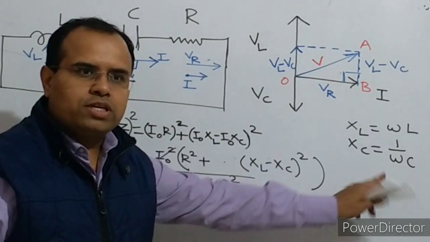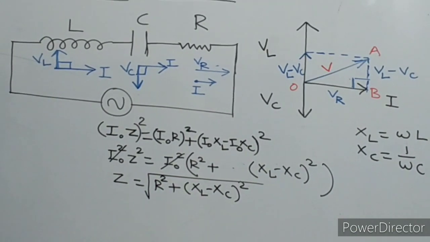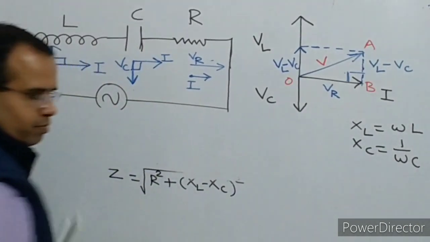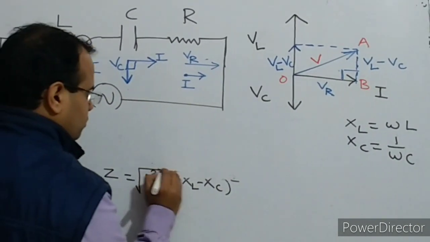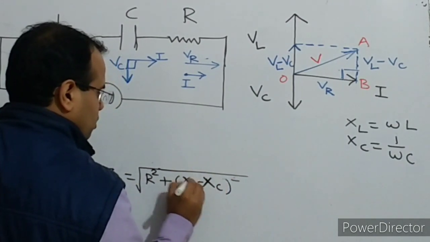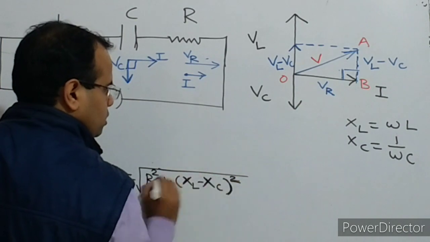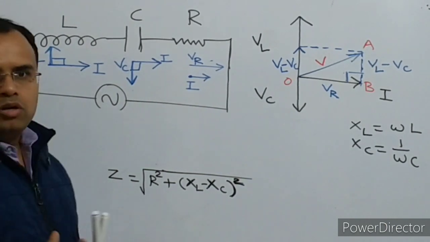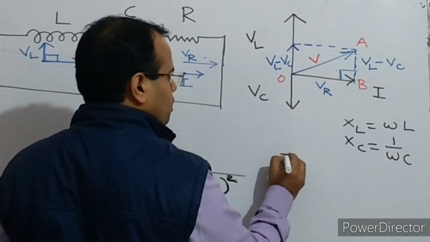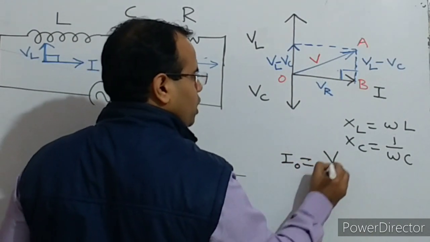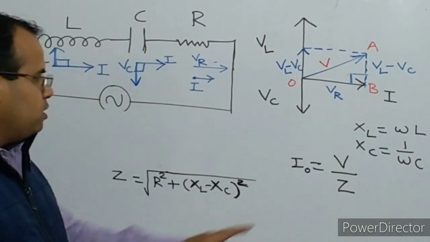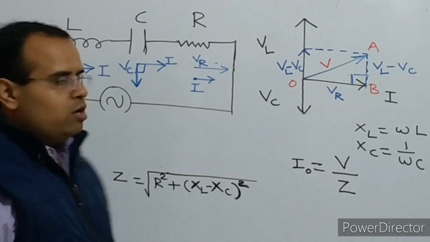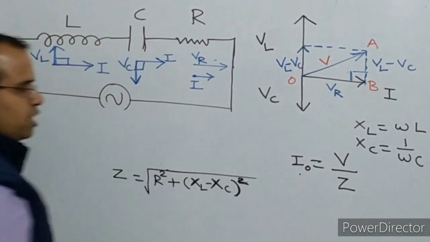Now you can substitute the values of XL and XC: XL equals omega L and XC equals 1 upon omega C. If you want the current to be maximum, see how we write the current: I naught is equal to V upon Z. For this current to be maximum, Z, the quantity in the denominator, should be minimum.